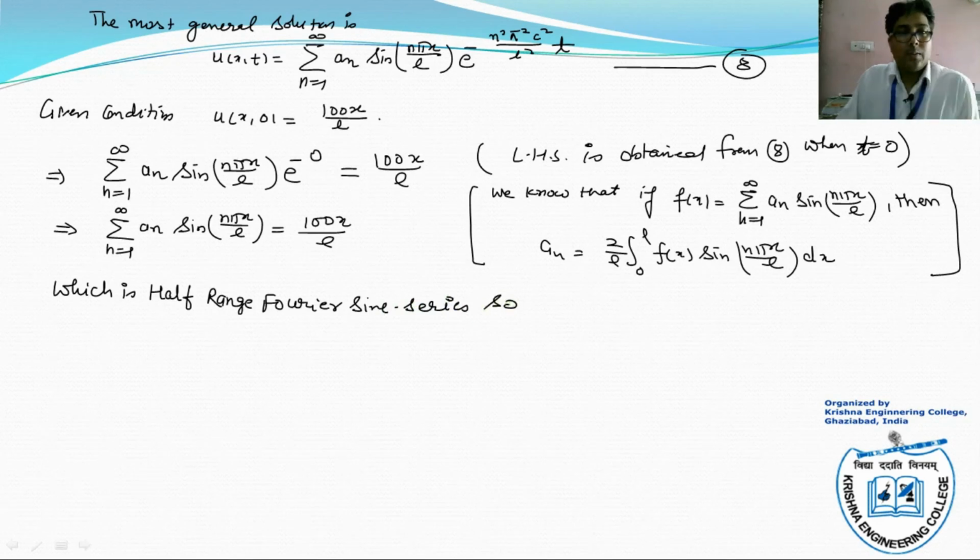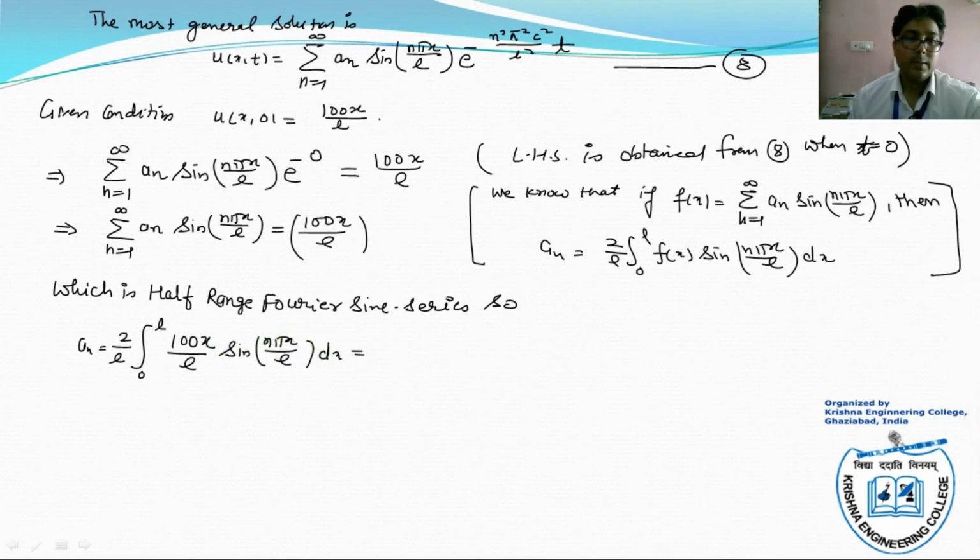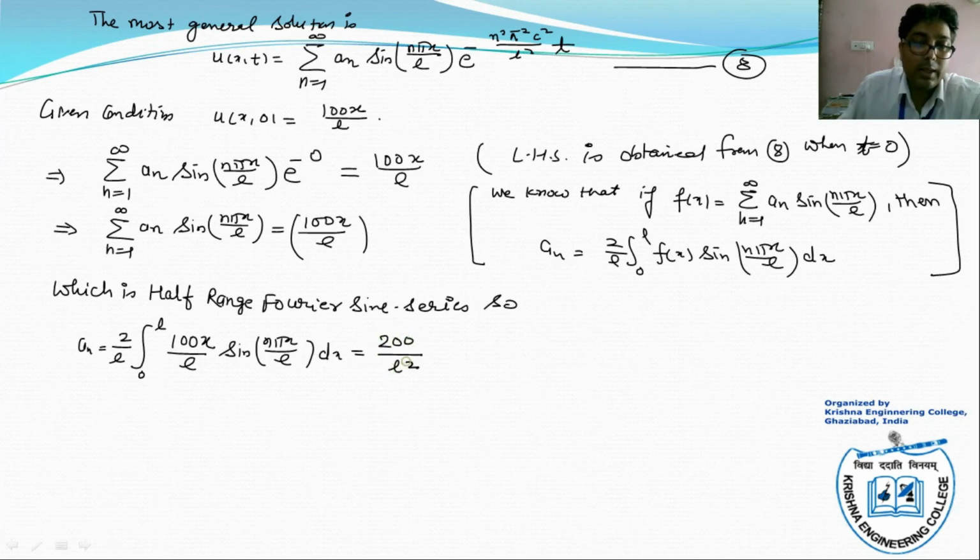So here the constant an is 2 by L integration from 0 to L of f(x) sin(n pi x by L) dx. Here f(x) is 100x by L. We integrate this, take the 100 upon L outside, so this becomes 200 upon L square.